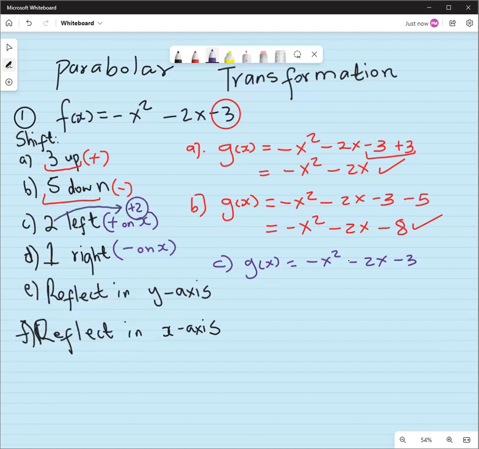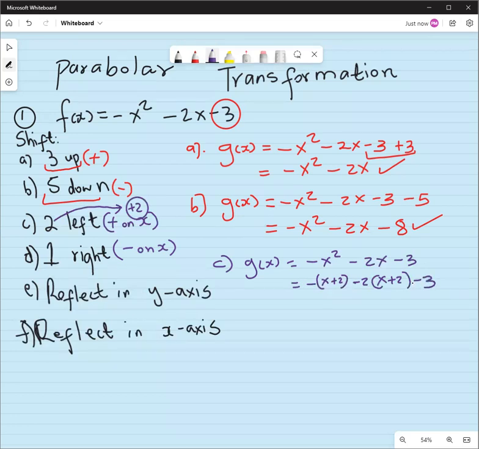Sharp. So basically, where there's x, I put x plus 2, because I have to add 2 on every x I see. Then I have this minus 2, where I see x, I'm going to write x plus 2. You see it?